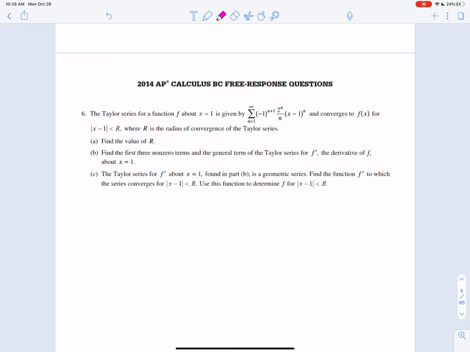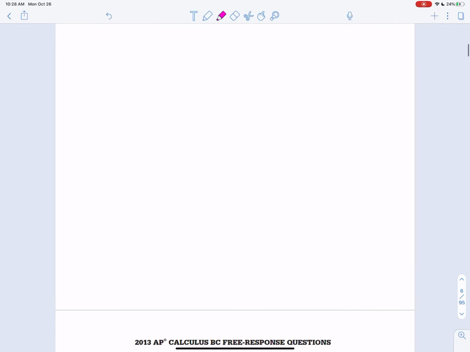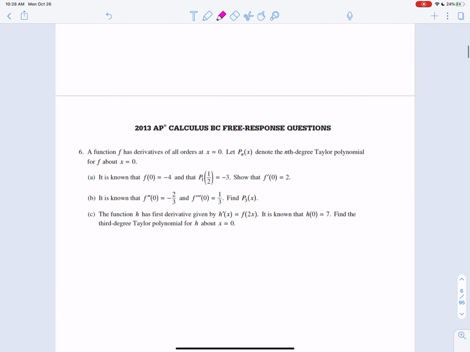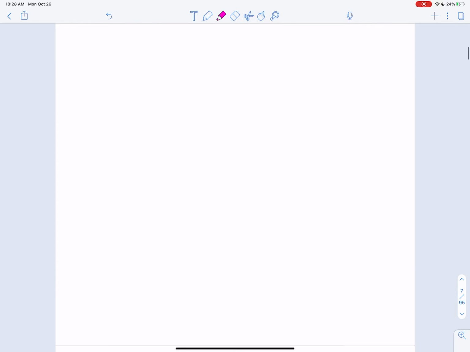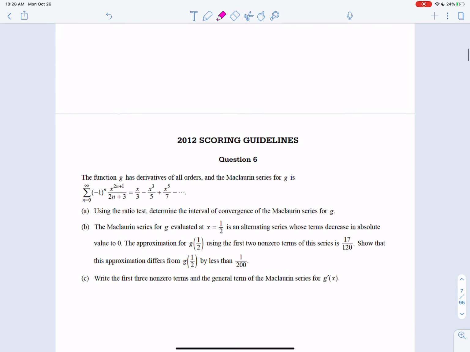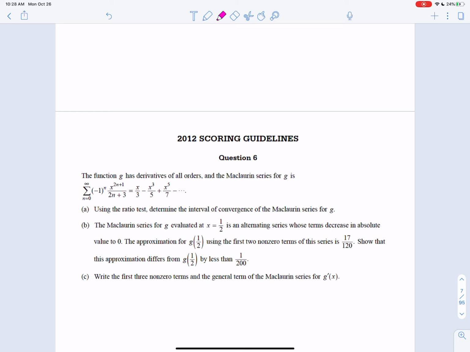Same thing here in 2014, find the value of R, where R is the radius of convergence. So try to get familiar with how they might phrase it, okay? I don't see any here in 2013. In part A, 2012, there you go. Use the ratio test to determine the interval of convergence.